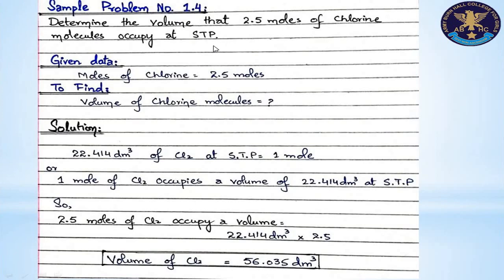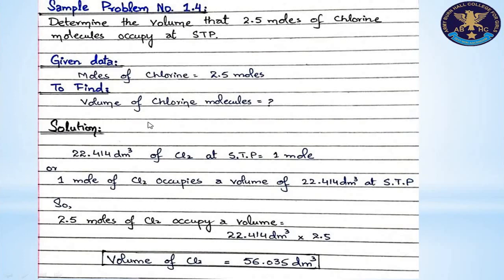The best way to solve numerical problems is that first you write the given data, and next you find out what you have to calculate. In the given data of this numerical problem, we are provided with moles of chlorine equal to 2.5 moles, and we have to calculate the volume of chlorine molecules.